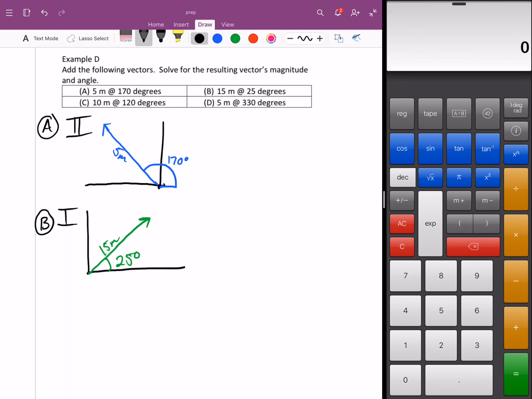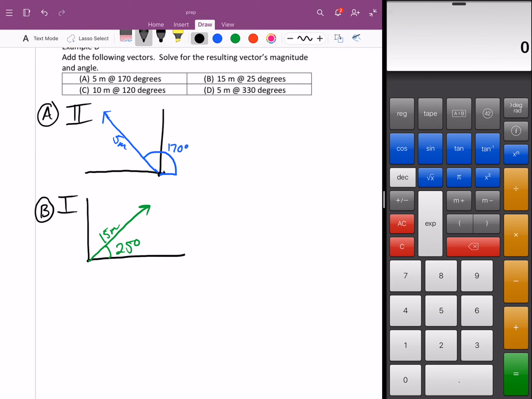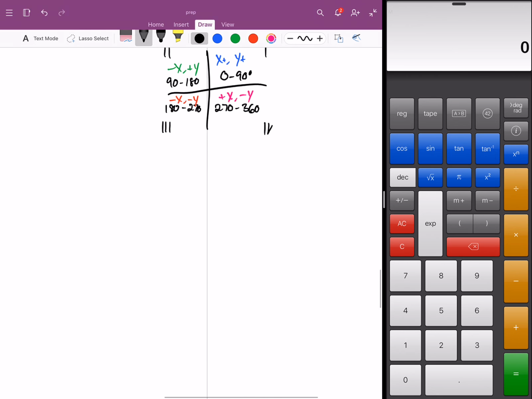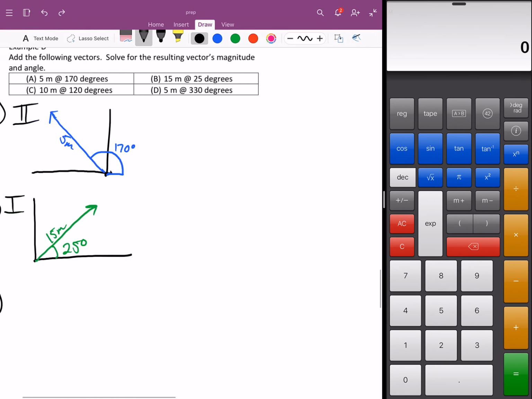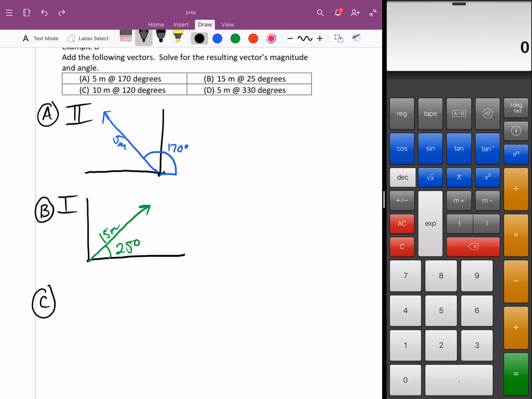Now let's go for C. You have 120 degrees. This pertains to quadrant 2. So we're going to draw quadrant 2.